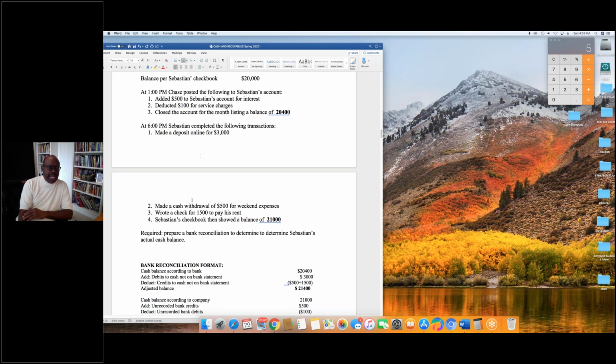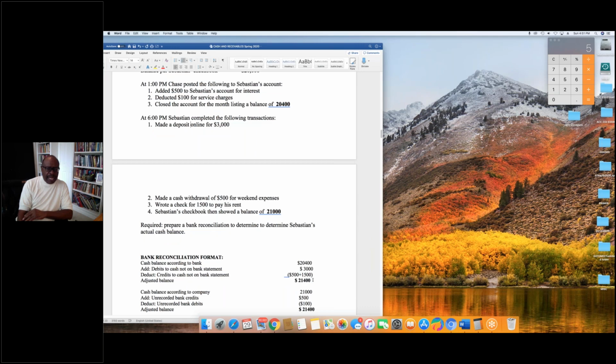And then Sebastian withdrew $500 for weekend expenses and wrote a $1,500 check for his rent at the end of the month. So we're going to subtract both of those. When we adjust that bank balance, it's at $21,400. We add the $3,000 deposit online, we subtract out those payments the bank didn't have that we made after the bank statement date, and so our adjusted balance is $21,400.